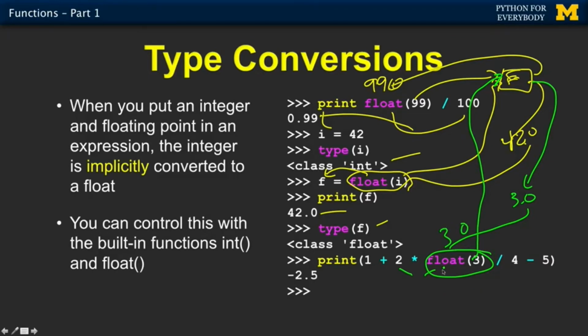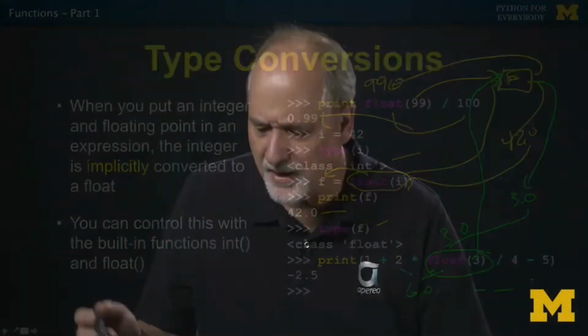And then we end up with this calculation of 2 times 3.0, or 6.0, and then the rest of it finishes. So you think of function calls as suspending what we're doing just for a brief instant. We suspend that and wait, and then the function will give us something back to replace that. Okay?